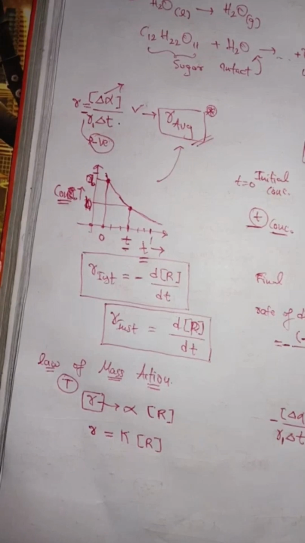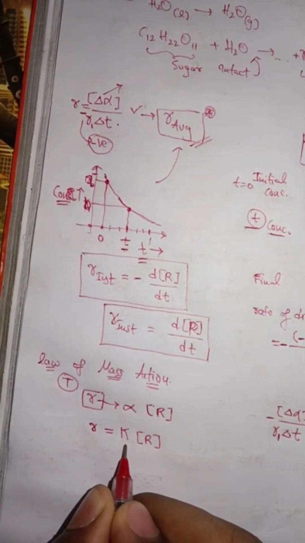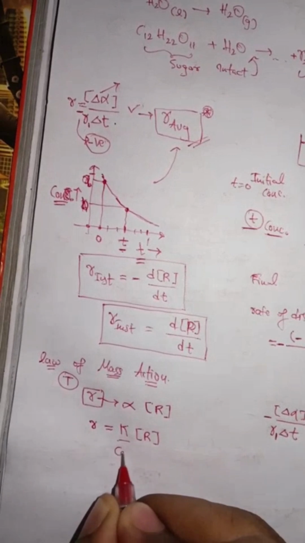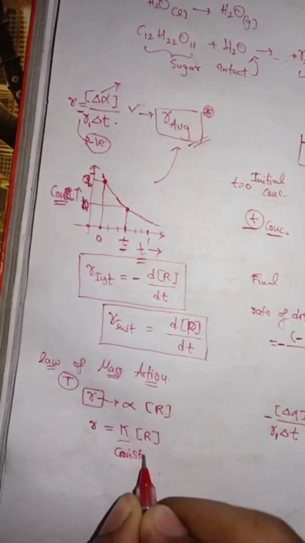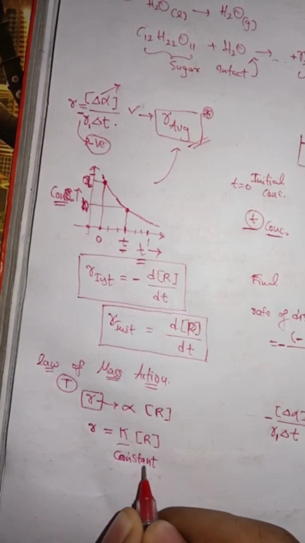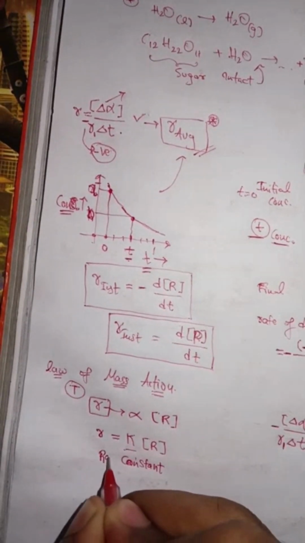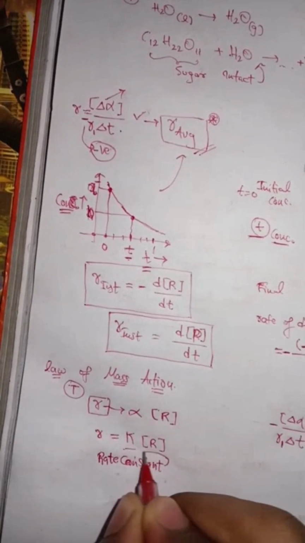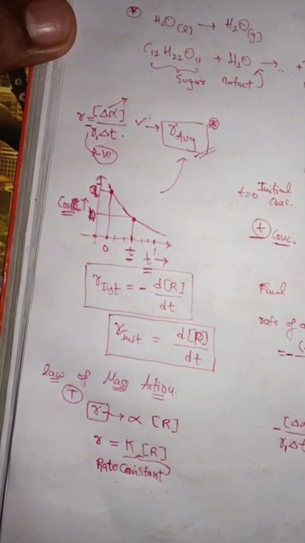This is how the rate equals the rate constant multiplied by the reactant concentration, and this is what the law of mass action says.